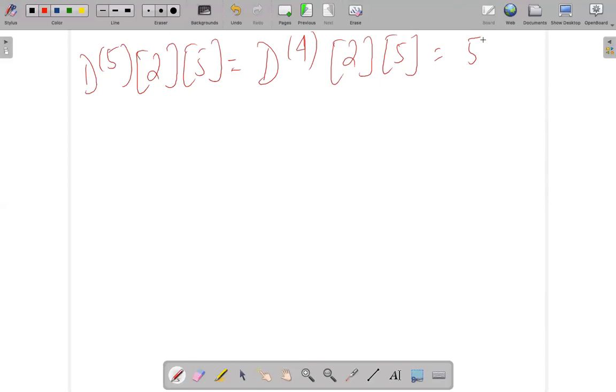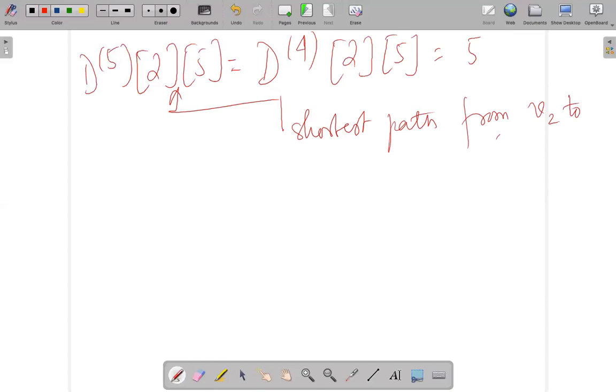So thus we have at last computed D5 2,5, which is nothing but the shortest path from V2 to V5.